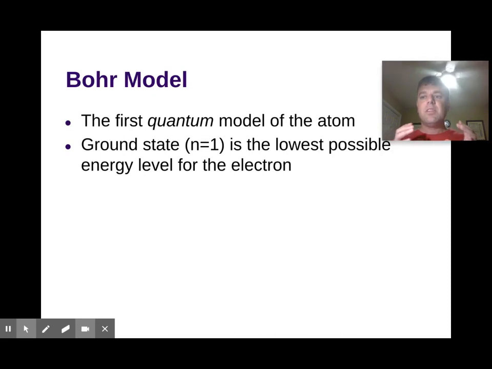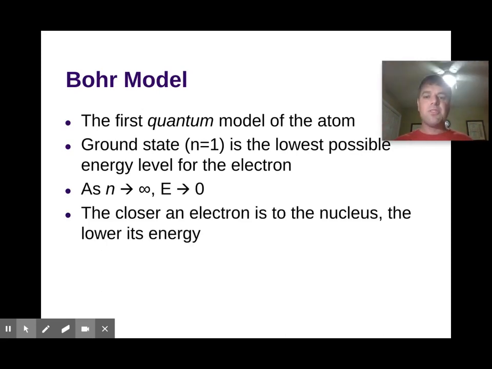The first energy level is the lowest possible energy level. It would be closest to the nucleus. N stands for energy level. And as your energy levels increase, the energy actually approaches zero. This is kind of a weird concept, but the closer an electron is to the nucleus, the lower its energy.